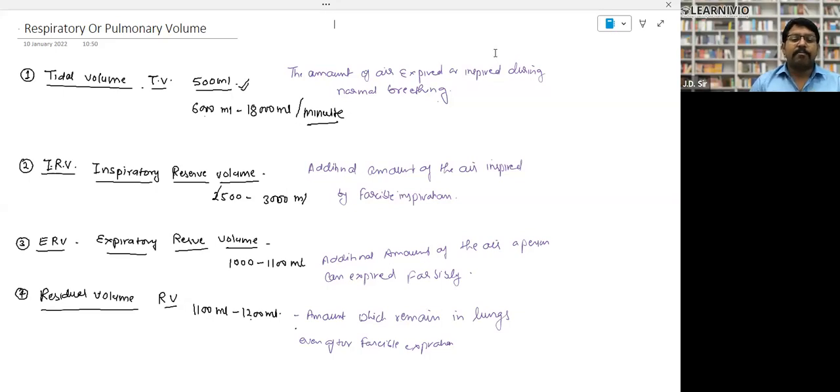Every time I breathe in, I take 500 ml of air inside, not oxygen, air. And I breathe out 500 ml. We call it tidal volume. Is that clear? Martin, TV clear? Tidal volume?